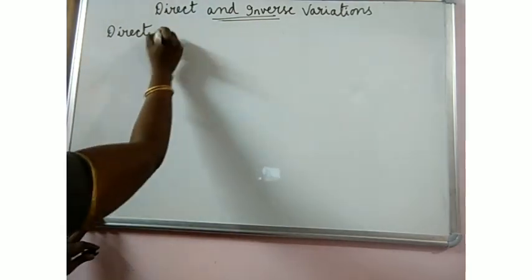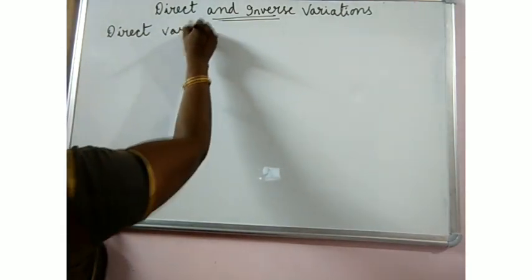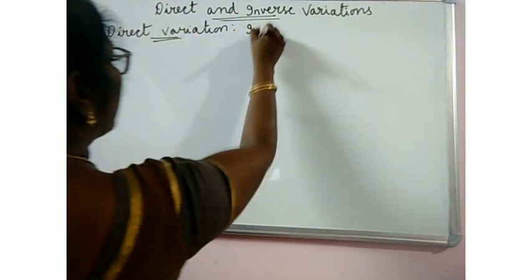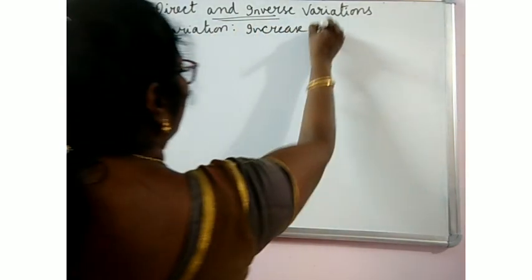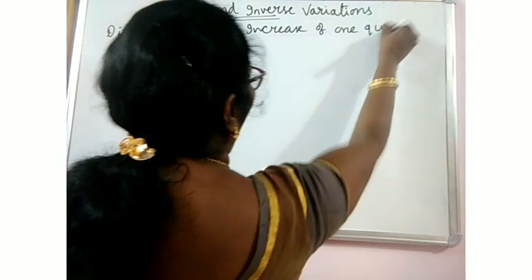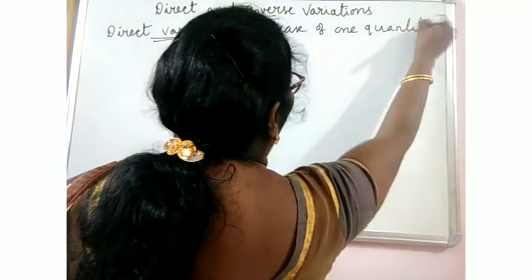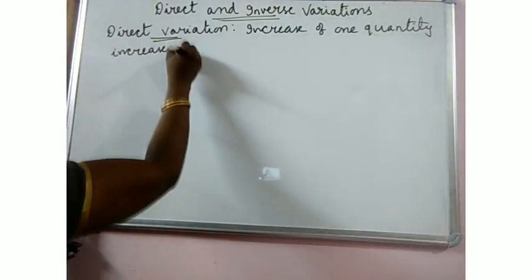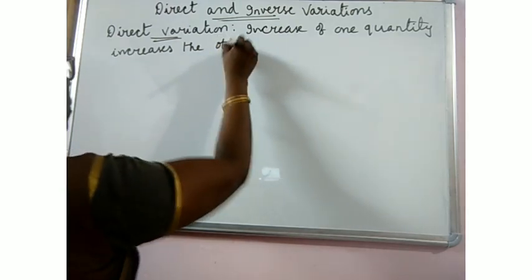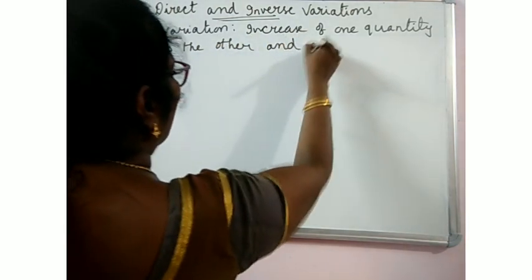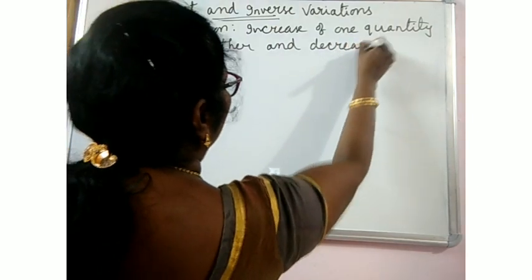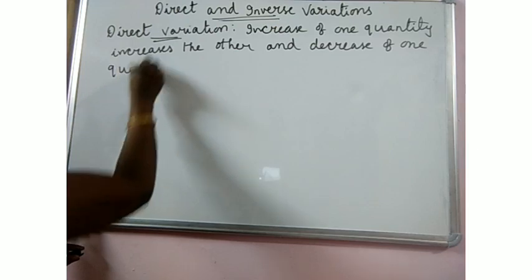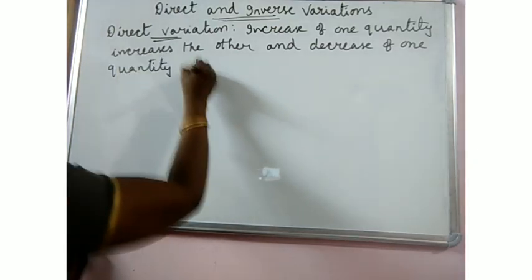After that, when we compare, we will get proportion. Two, increase of one quantity increases the other, and decrease of one quantity decreases the other.